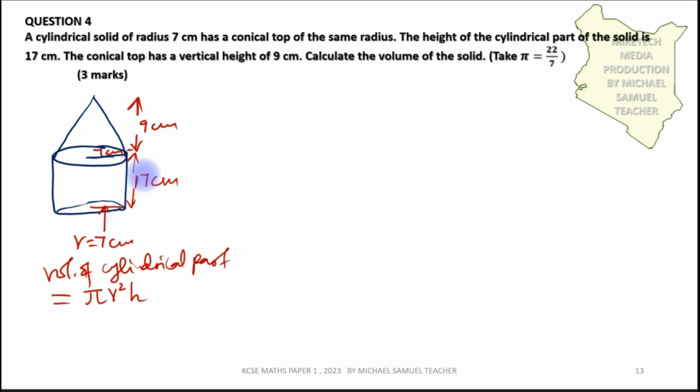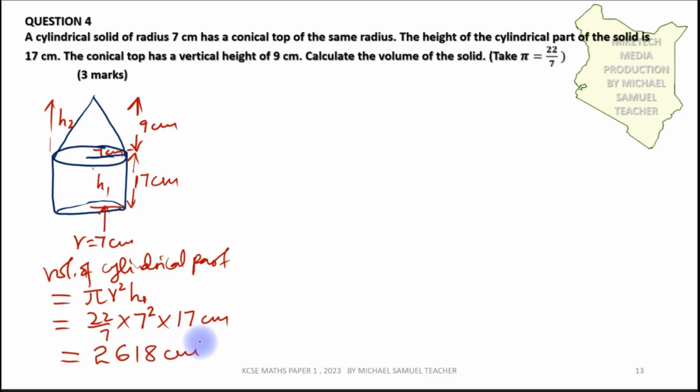In our case, I will consider this as height 1 and the other one as height 2 to make it clear. So this will be 22 over 7 times radius 7 squared times height, which is 17 centimeter. Using a calculator, we end up getting 2618 centimeter cube.